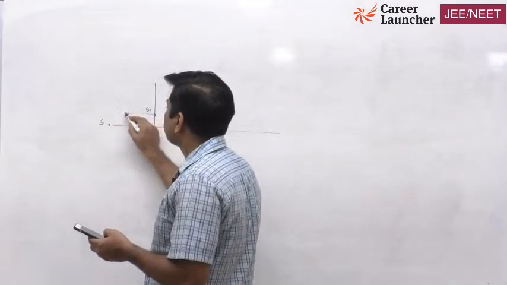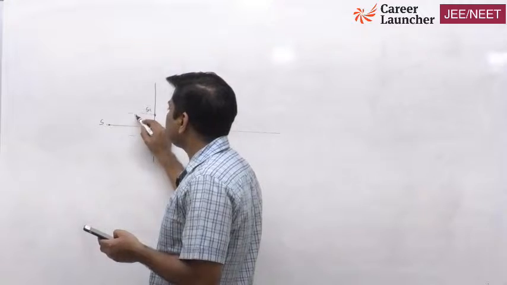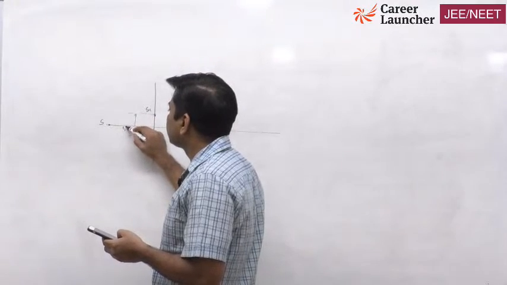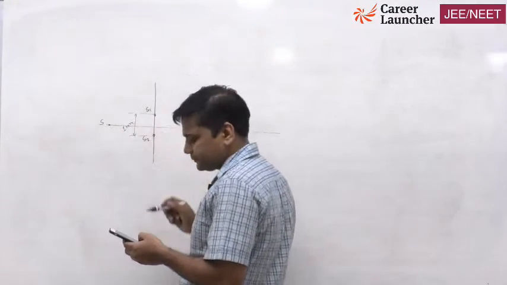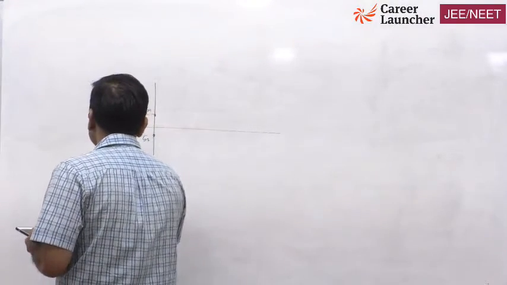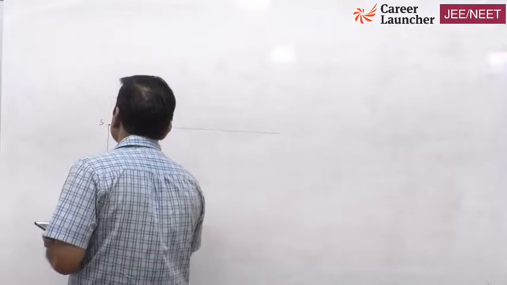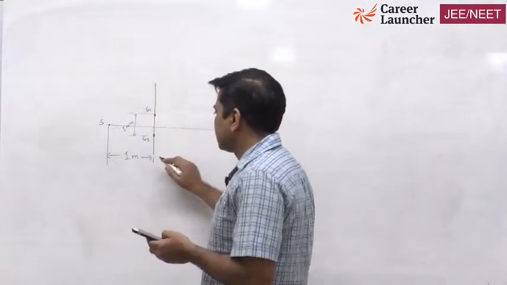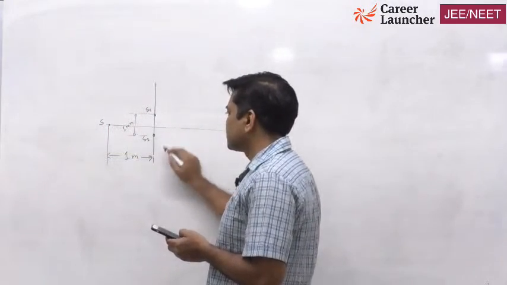This is mentioned as 1 millimeter, that is small d. And the distance of this is given as 1 meter, the distance between the main source and the two coherent sources.